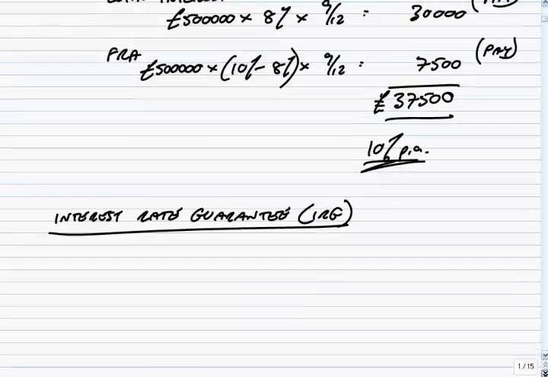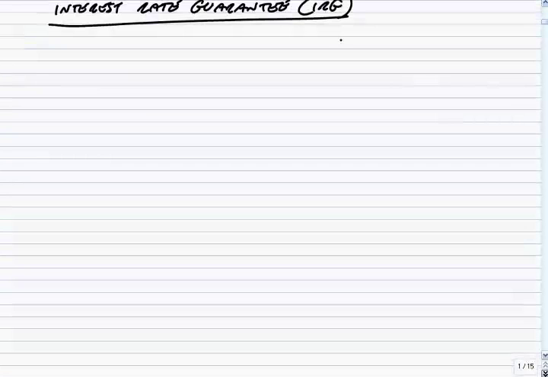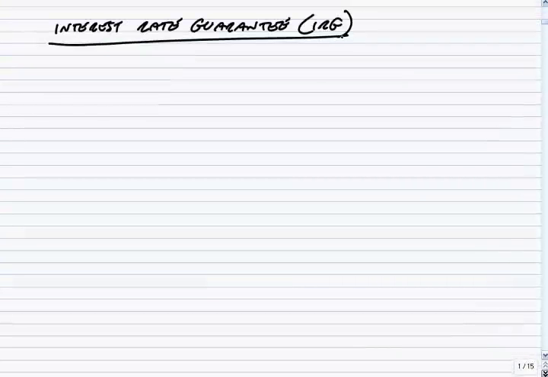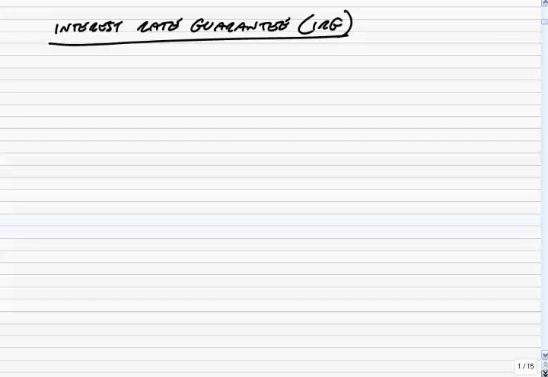And so the alternative of these two, instead of completely fixing the rate, is to get the bank to agree a maximum rate. And so an interest rate guarantee, it's where we fix a maximum interest rate to apply to the loan.